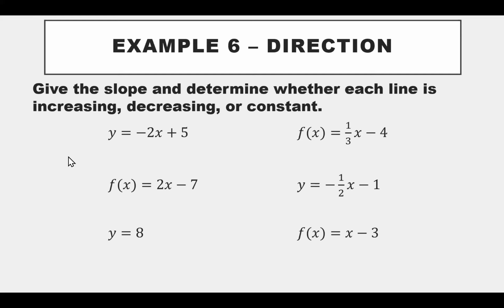Here we have a number of different equations and function equations. The first one, y = -2x + 5, has a negative slope. Therefore, the line will be decreasing. So this is a decreasing line. The second one is f(x) = 1/3 x - 4. The slope here is a positive 1/3, so the line is increasing.